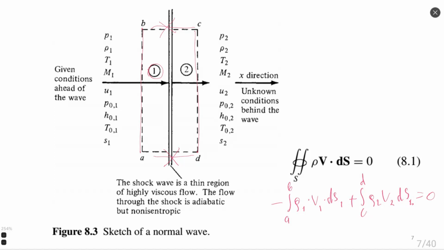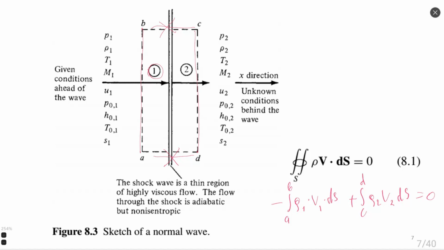Here it is quite visible that area S1 and area S2 are equal. They are the same, so we can use just dS instead of dS1 and dS2.